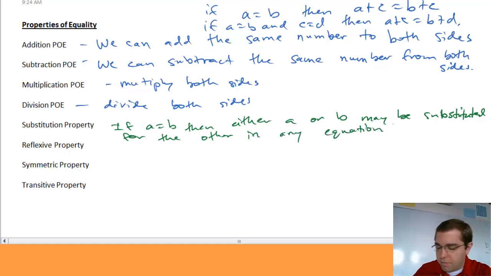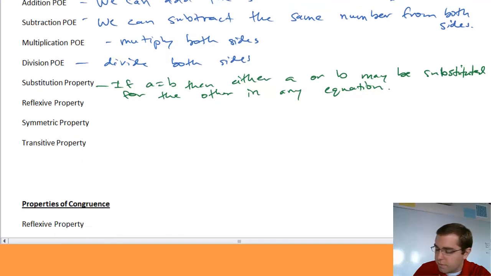So if A and B are the same, you could plug B in for A in some equation, you could plug A in for B in some equation. We can do that because they're the same. So it doesn't matter which one we use, is essentially what that property is saying.